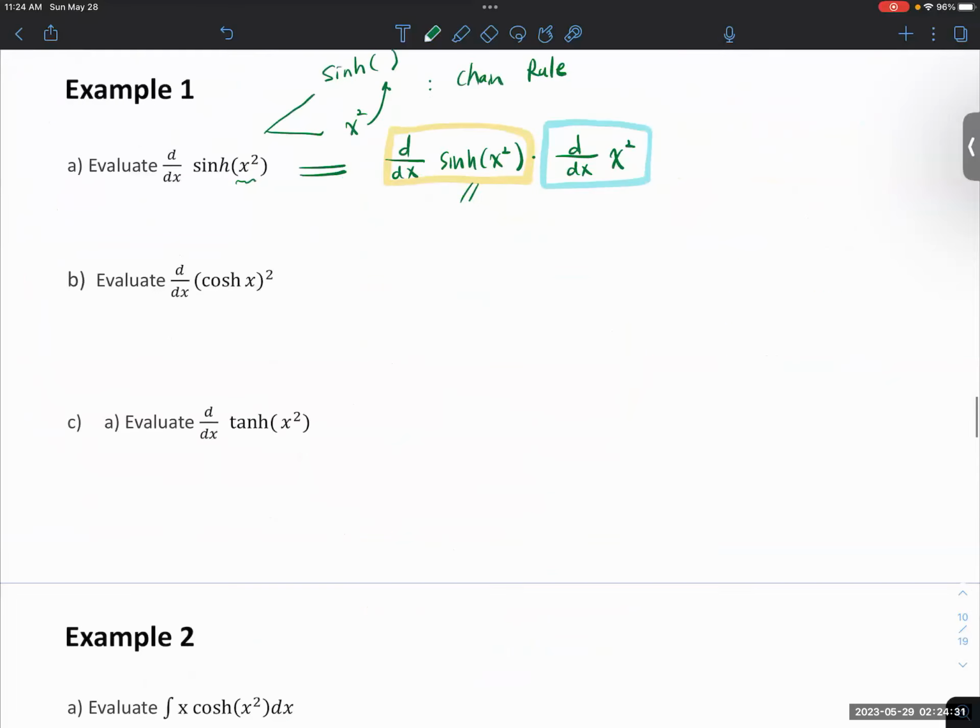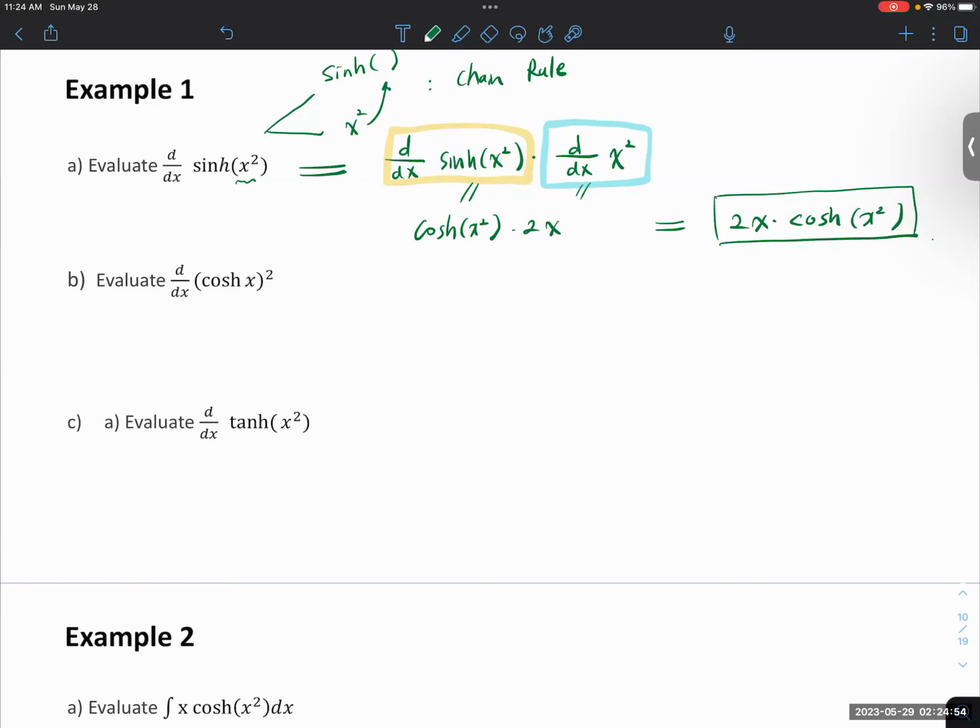Cosh. So it's going to be cosh of x squared, and the derivative of x squared, that's the chain rule, is going to be 2x. So therefore, the final answer is 2x times cosh of x squared. Boom, we got it. You see that? You can take an integral or a differentiation of the hyperbolic function.